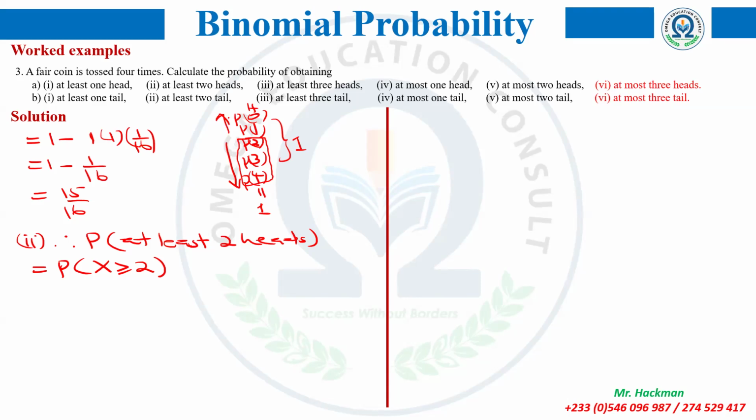If I'm going the opposite direction, I don't do P0, then P1. I have to subtract all the probability functions that I will use for each of them from 1. So this will be minus, I will move this one to this side. The P0 will come here, so it will be minus P0. Then the P1 will also come down, so it will be minus P1. Is that okay?